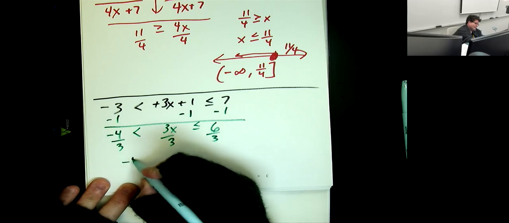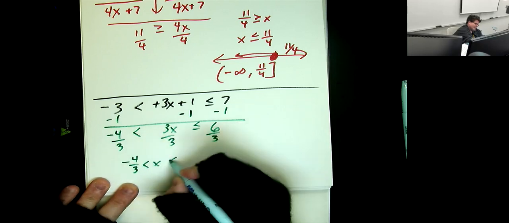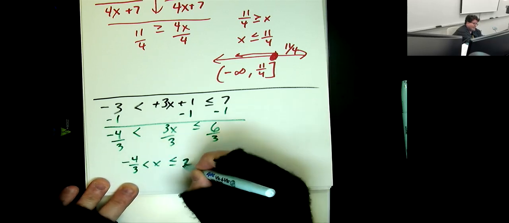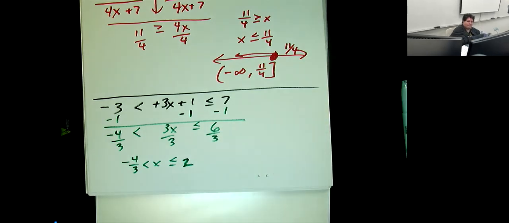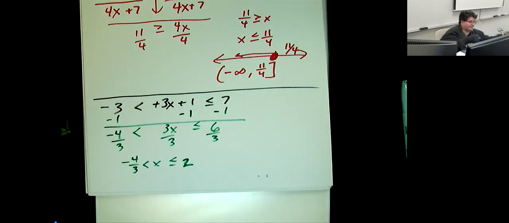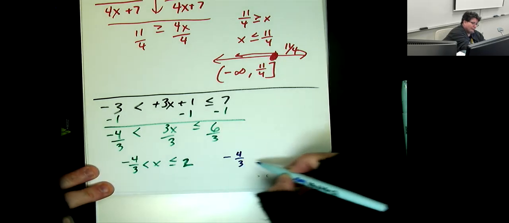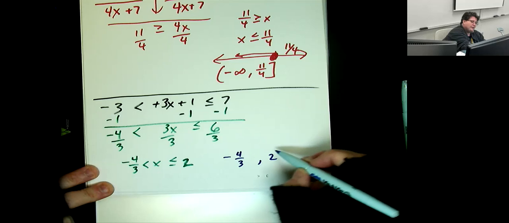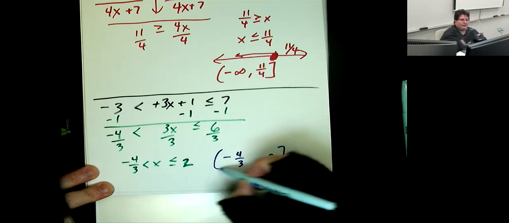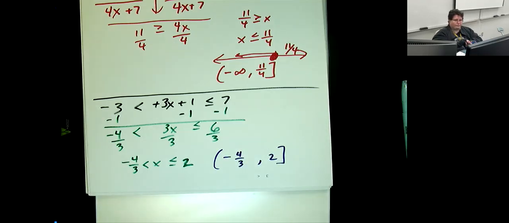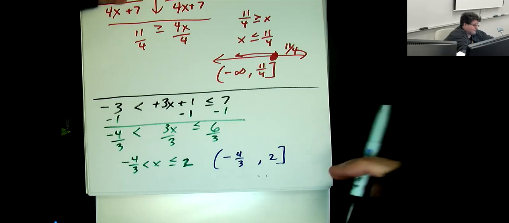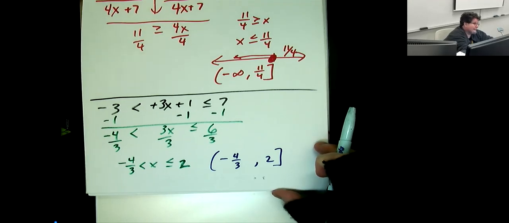And so we have -4/3 is less than x, which is less than or equal to 2. In terms of notation, going from -4/3 to 2, the 2 gets a bracket. -4/3 gets the regular parentheses. Hopefully you guys got that.